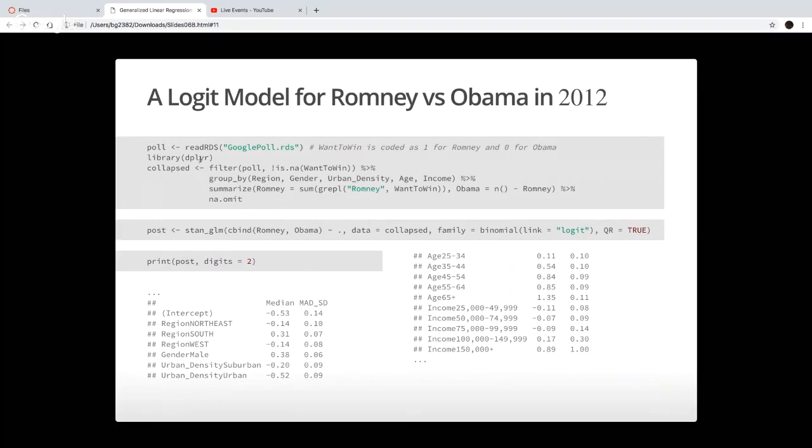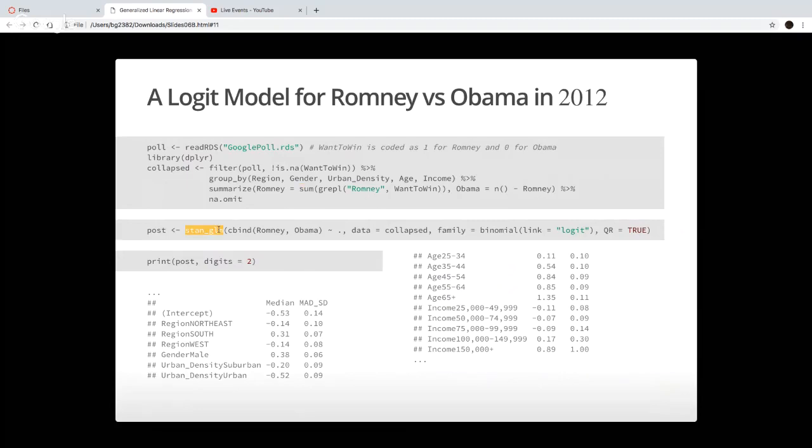We can do that rather easily with the dplyr package that most of you are probably familiar with. This says throw away the NAs on the outcome, which is the want to win variable, group by all these categorical variables, and then sum up the number of people who favor Romney, and the complement of that is the number of people who favor Obama.